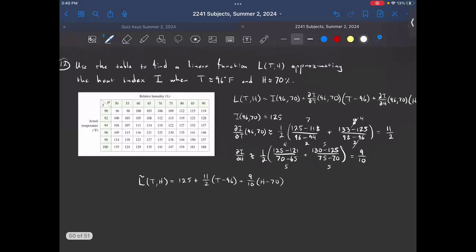Okay, and so that's it. That's all we needed to do here is find this linearization. So it says find a linear function approximating. It doesn't have to be exact. It doesn't have to be exactly the tangent plane, but it's close, hopefully. All right, so this is how you work with imperfect information.